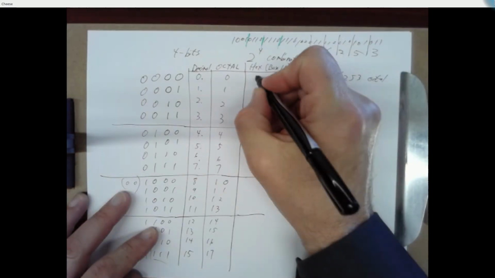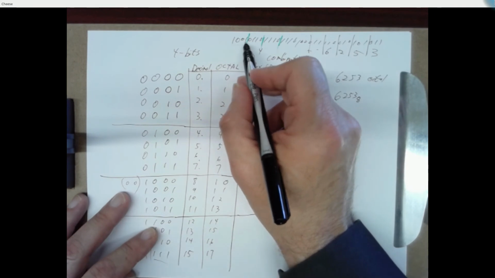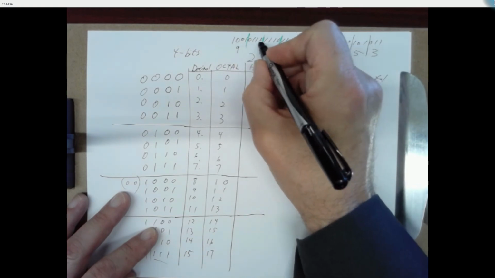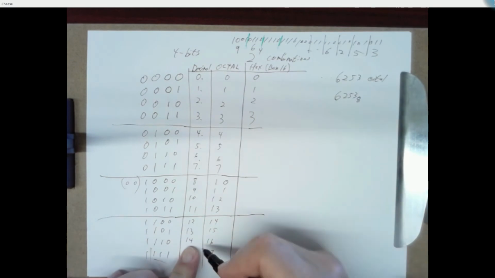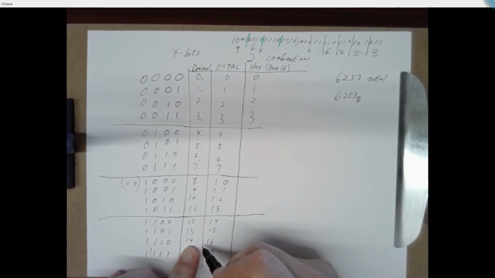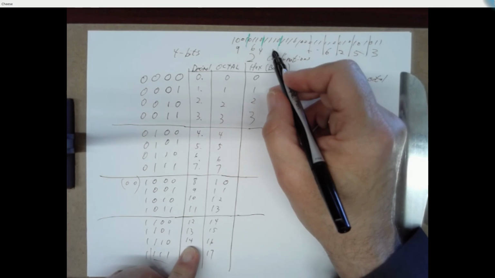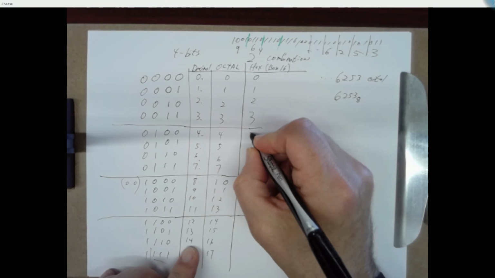So in hexadecimal, we write down the digit corresponding to each set of 4 bits. So 1001 is a 9, 0110 is a 6, but 1110, that's the decimal number 14. And we don't want to write a 14 here because we don't know if that's 14 or a 1 and a 4.